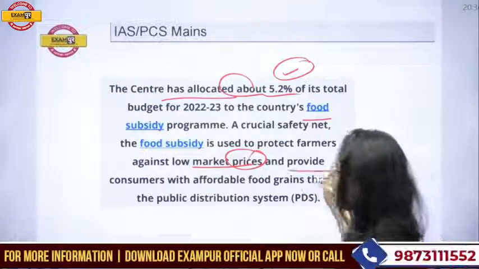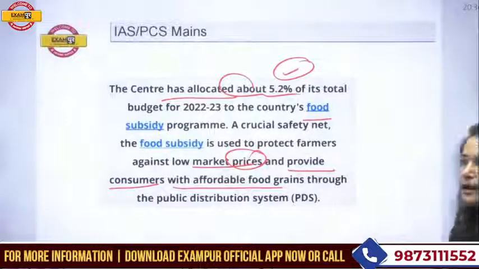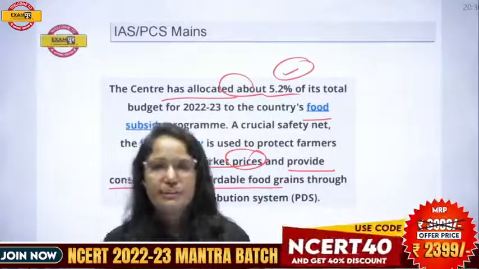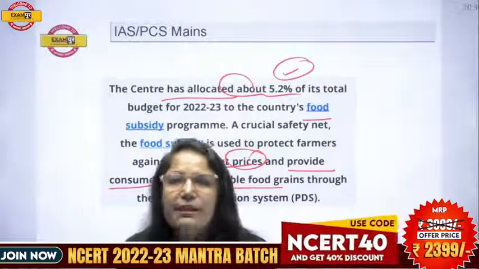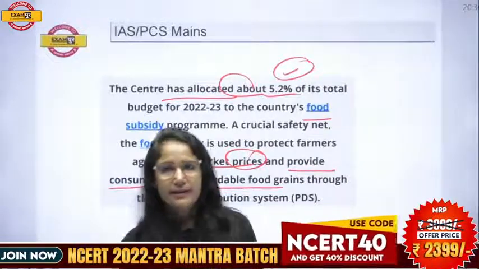Next is providing the consumer with affordable food grains, whatever prices we make available through the medium of the public distribution system. Through the public distribution system, we are providing things at cheaper access.